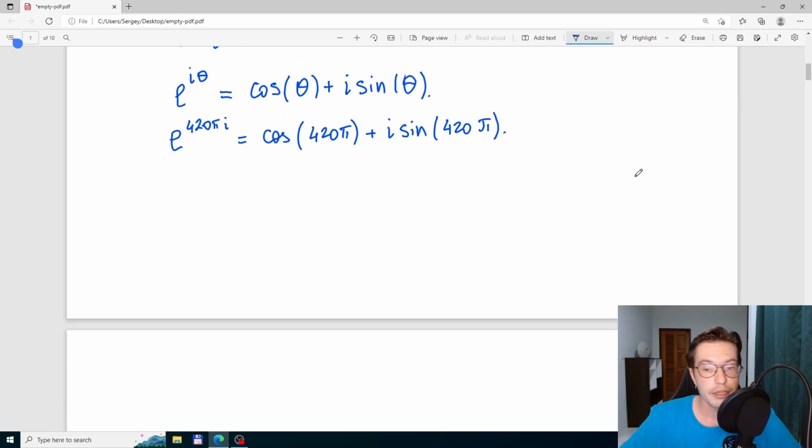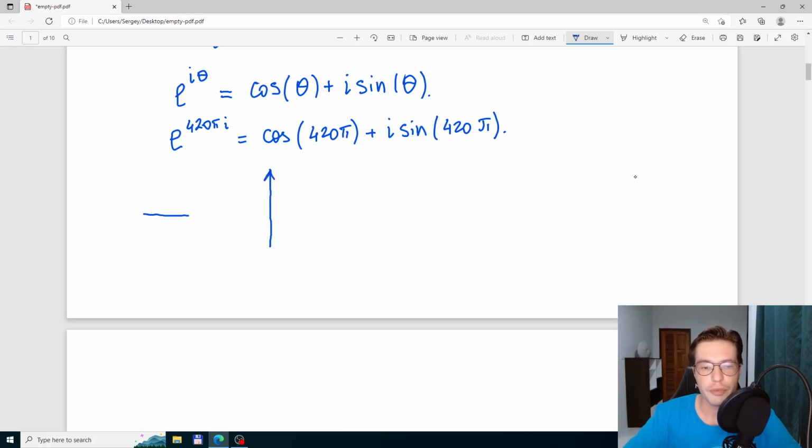Okay, now let's calculate cosine 420 pi. Well, for that you can just use a calculator, just make sure you switch it into radians.